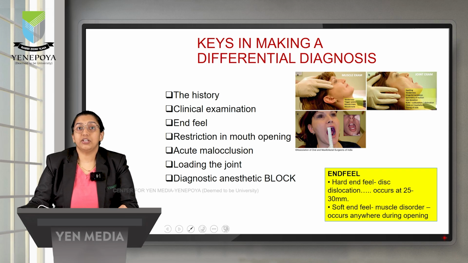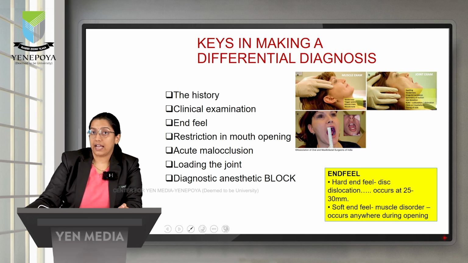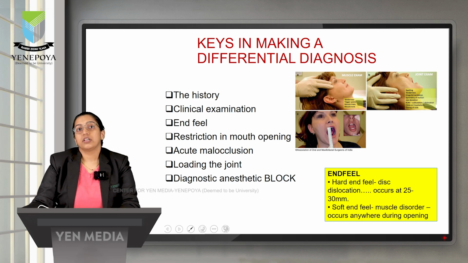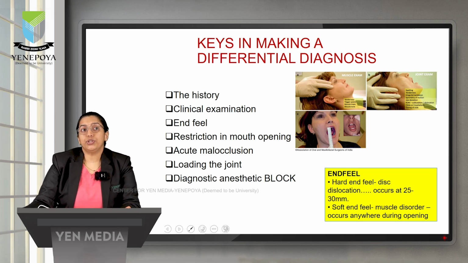In clinical examination, we check for the tenderness, the trigger points, the muscle mass and muscle tone. In the joint, we check for swelling, tenderness, hinge translation, the jaw deviation, range of movements, clicking or crepitation and timing of the click. We check for acute malocclusion, restriction in mouth opening, loading of the joint and diagnostic anesthetic block.